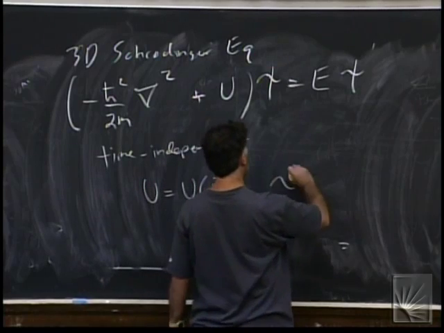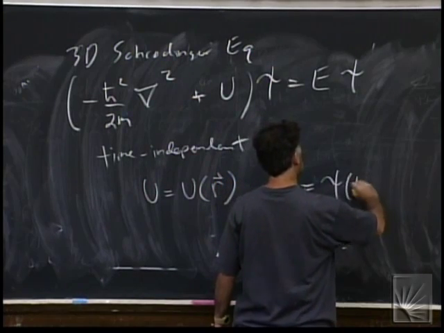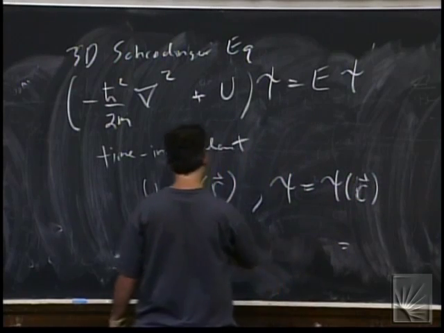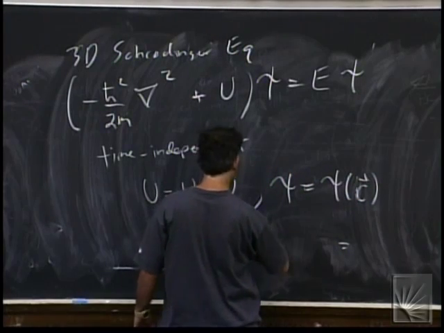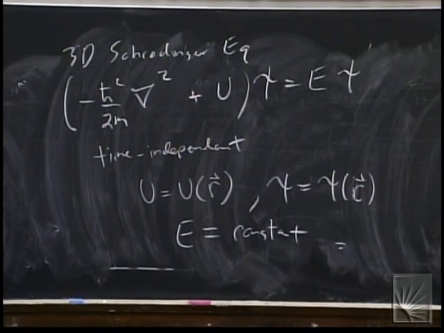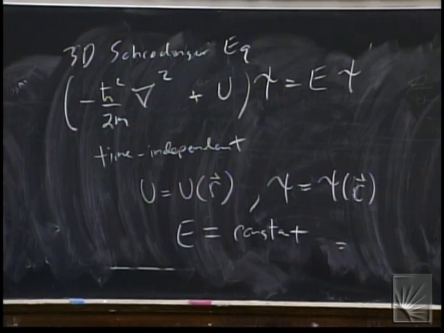And here psi is psi of r, a spatial function, and the energy is a constant for a particular wave function.